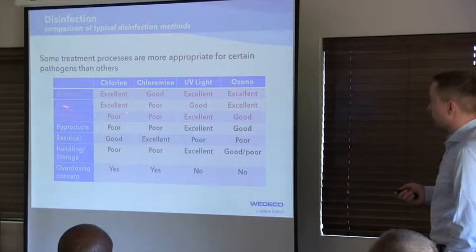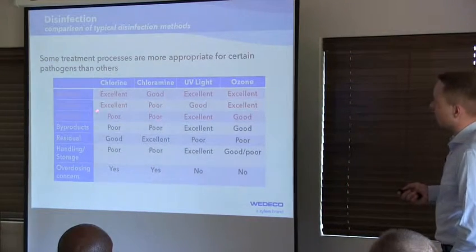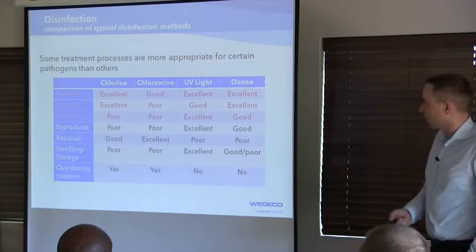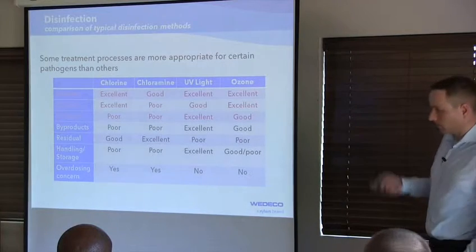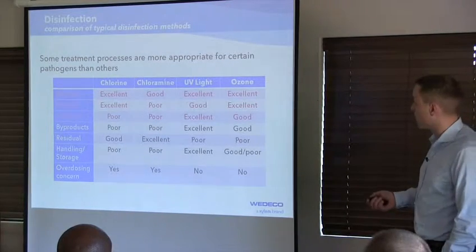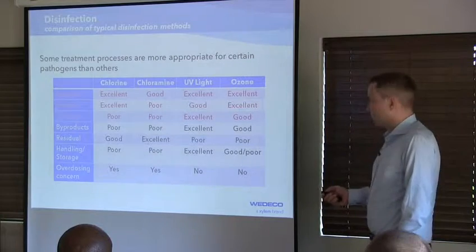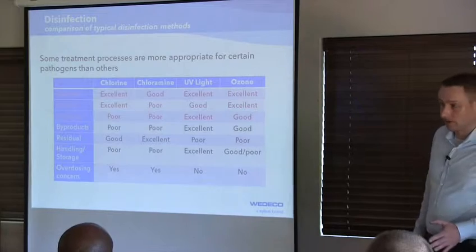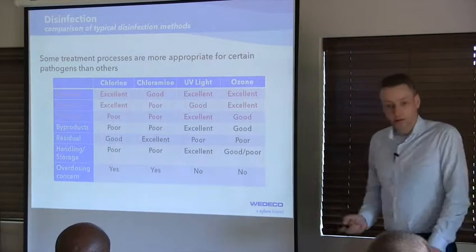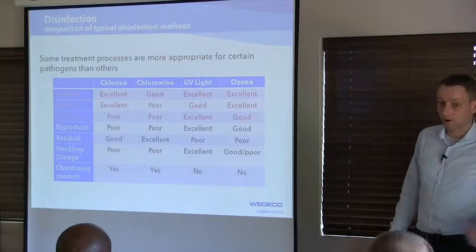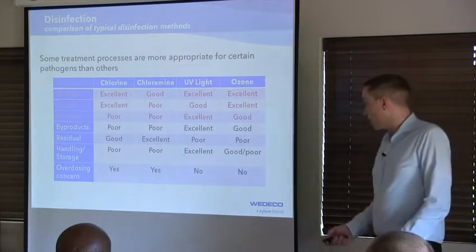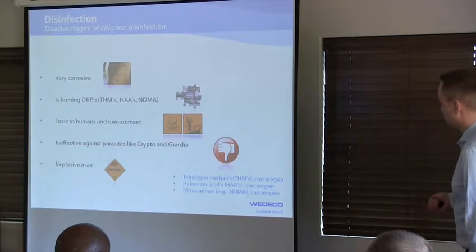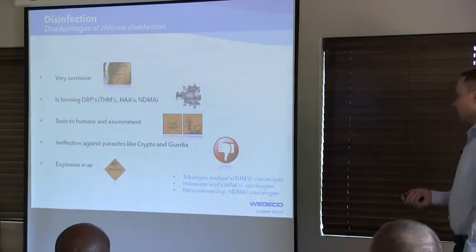But really what pushed UV and the main focus is that with chlorine and Giardia and Cryptosporidium, the main protozoa which we are looking for in drinking water supplies, they offer a really poor disinfection performance against these parameters. And the problem is, that means you can do it, but you have to put huge amounts of chlorine in the water to get that, which then would have many negative effects.